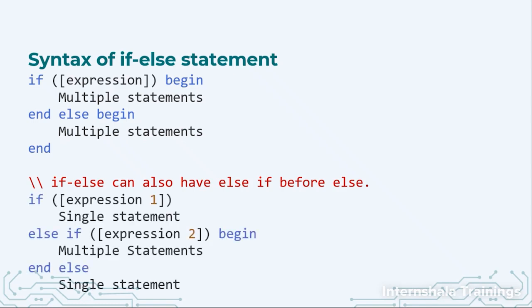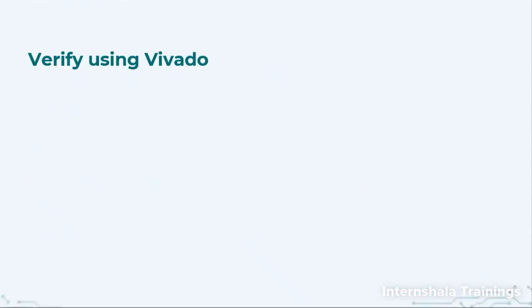So first I evaluate the first condition: if expression 1, do this. Else if, check for expression 2, if that is true, do that. And else, that means all the above expressions are false, then do this. So these are the different methods that we use for conditional statements.